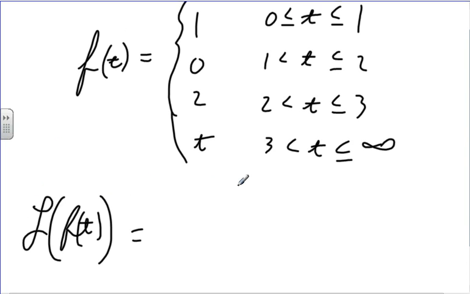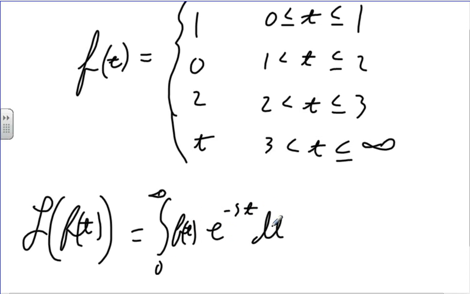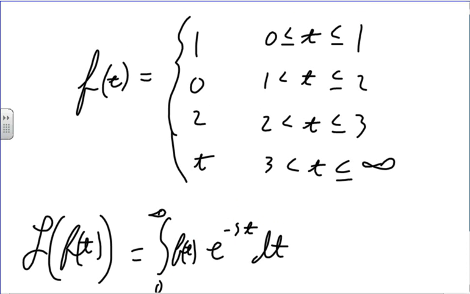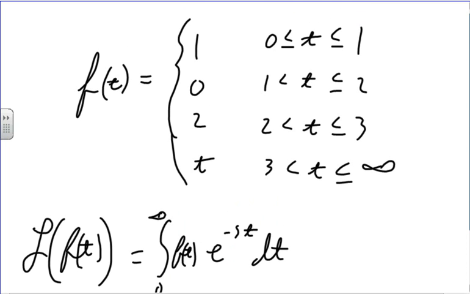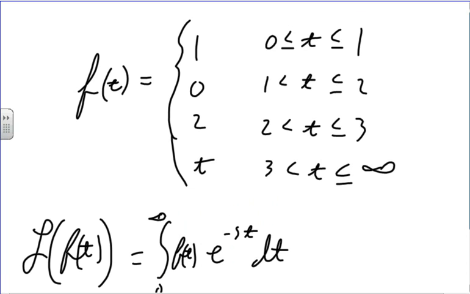All right, so I want the integral from 0 to infinity of f of t e to the minus st dt. That's what I'm looking for. We're going to have to partition the interval. I forget what it's called.